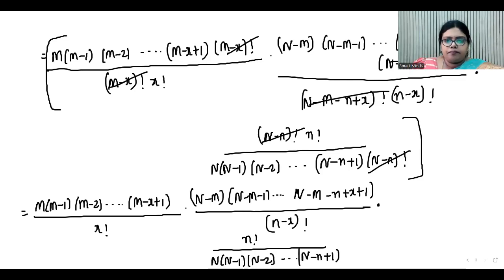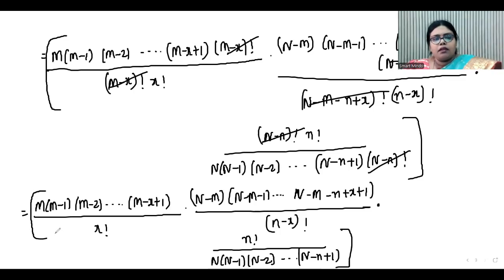This is left over. Now from here to here, this is one single statement. Understood?